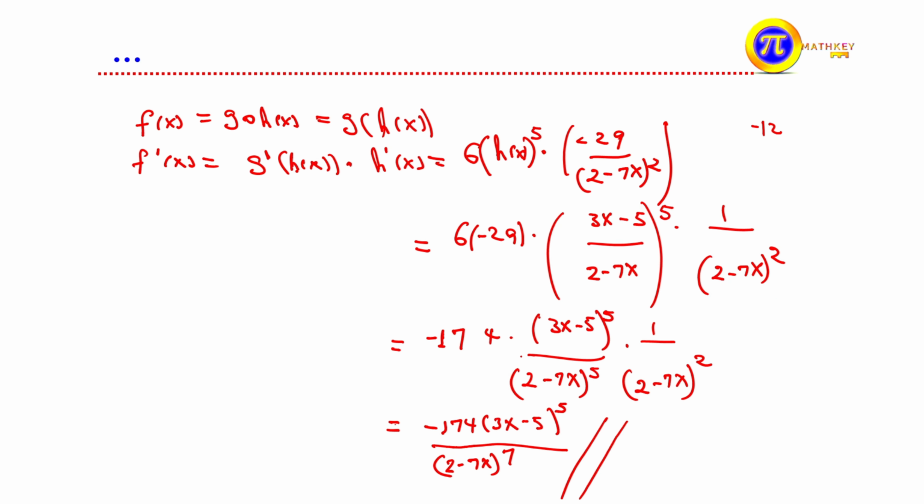The derivative can be found in this way. Similarly, if we express any function f as a form of g of h of x, this implies that f derivative at x equals g derivative at h of x times h derivative at x.